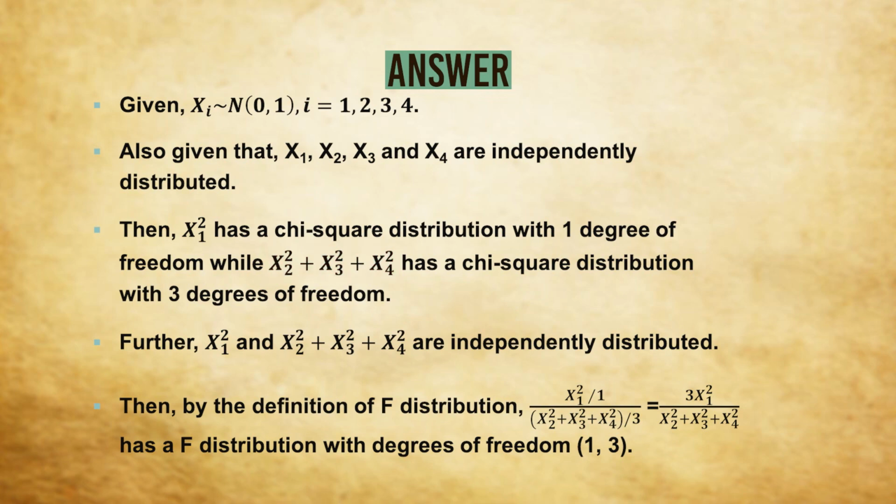Now we take x1 square by 1 divided by, in the denominator, x2 square plus x3 square plus x4 square by 3. So that means we have one chi-square with 1 degree of freedom by 1 in the numerator, and in the denominator we have chi-square with 3 degrees of freedom by 3. So this will follow an F distribution with degrees of freedom 1, 3. So these are some of the applications of F distribution.